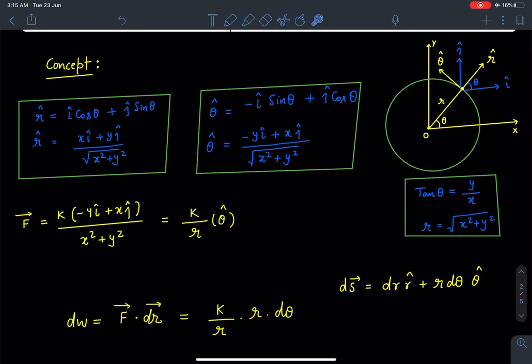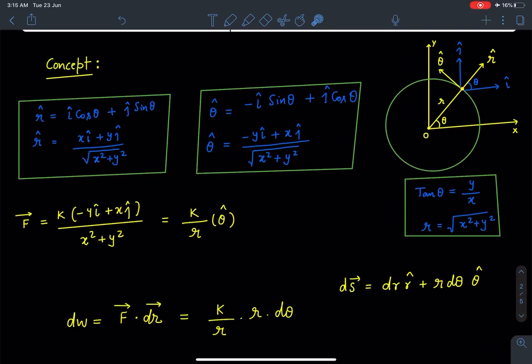Here r cap is the radial vector away from the origin and theta cap is a vector along the tangent on a circle of radius r, where this point P has coordinates x and y. So x and y are your xy coordinates, which can be related to r and theta.